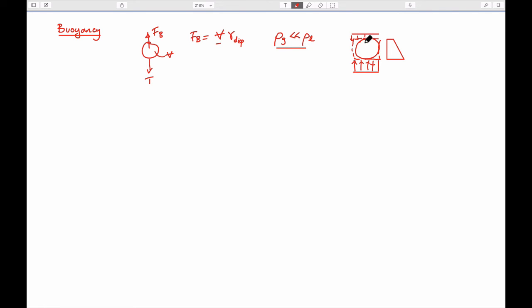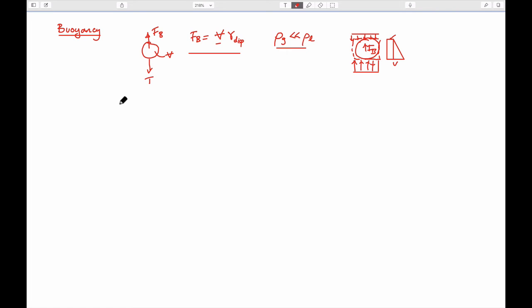By looking at the difference between this pressure here and this pressure here, that excess force, if you like, applied over this particular area gives you this buoyant force. And it always turns out to be this expression.